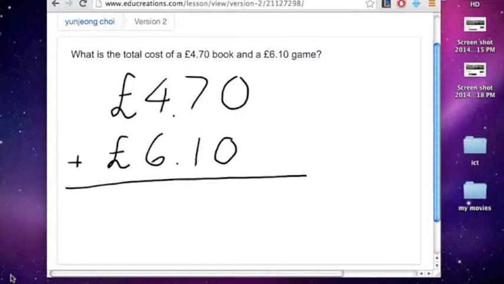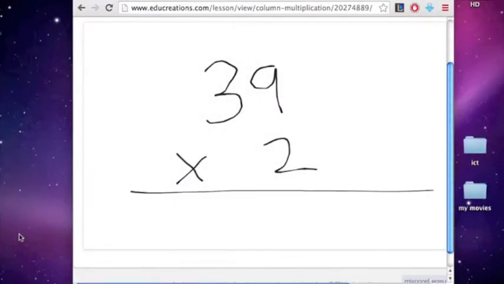So tell me what to do, Isaac. So it is 0 plus 0 equals 0. Okay. And 7 plus 1 equals 8. Okay. Guys, don't forget the decimal point. And 6 plus 4 equals 10. And the pound sign. So first, you have to times 9 by 2.